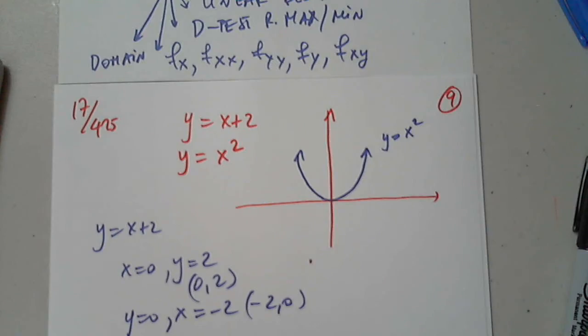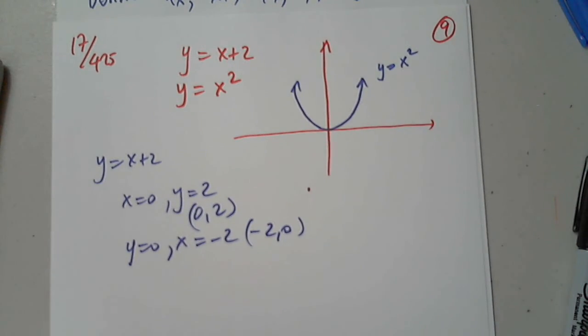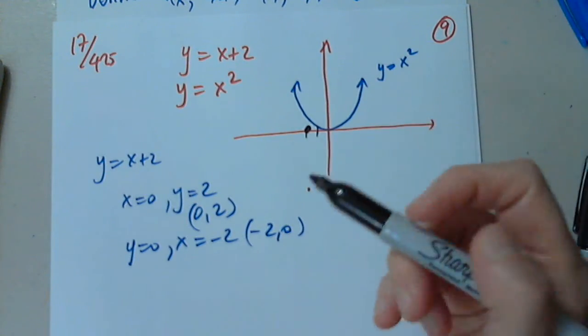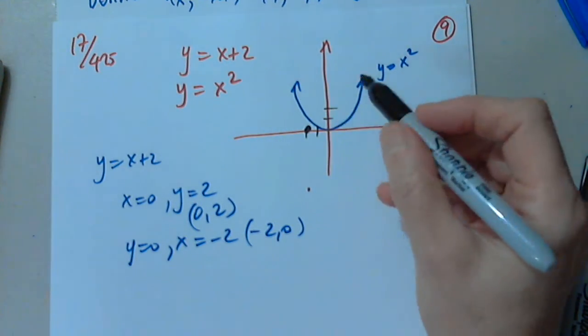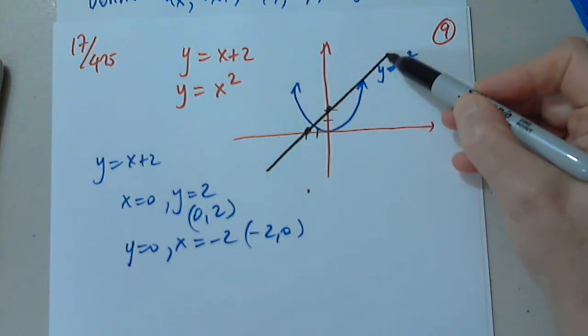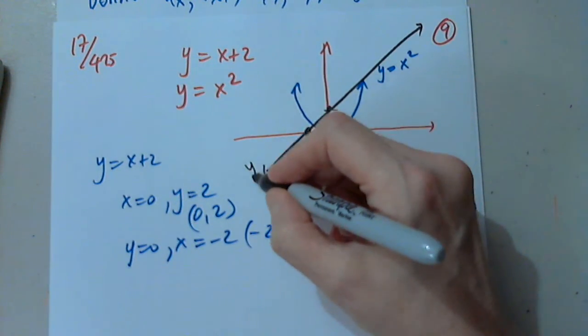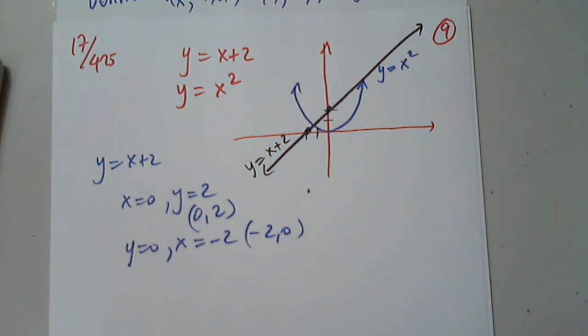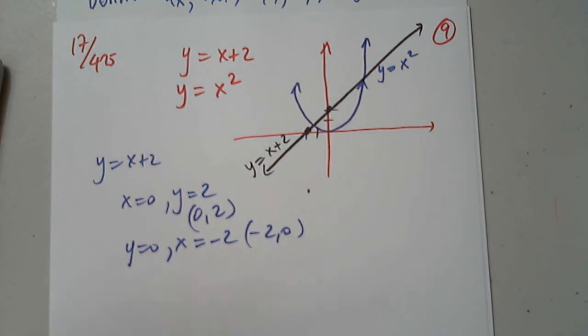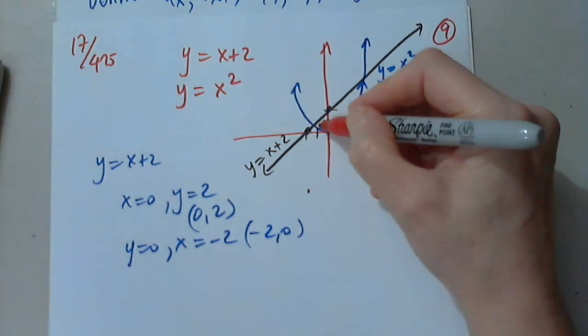So now I have the graph of the second function. Negative 2, 0, and 0, 2. And this is y equals x plus 2. I will extend this, of course. Now I see where the area is. I am going to shade it in.